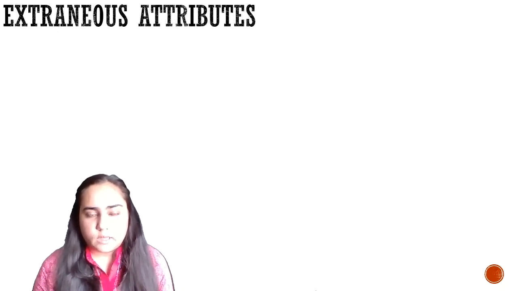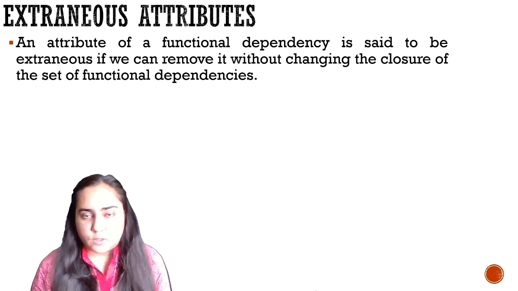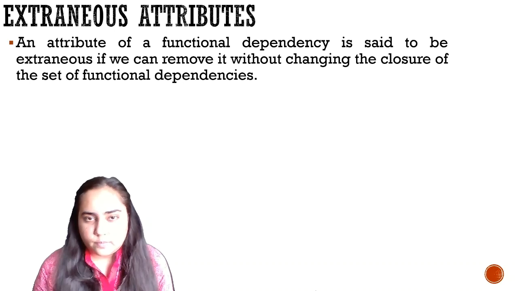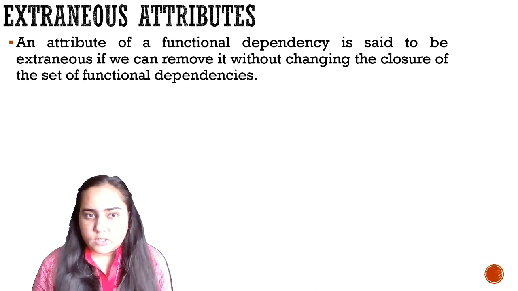These rules are known as rules for extraneous attributes. An attribute which is present in your functional dependency is said to be extraneous if you can remove the attribute without changing the closure of the set of functional dependencies. Which means if I have a dependency like AB determines CD, then I can remove B from this dependency if by removing B, I am not changing the closure of these functional dependencies.